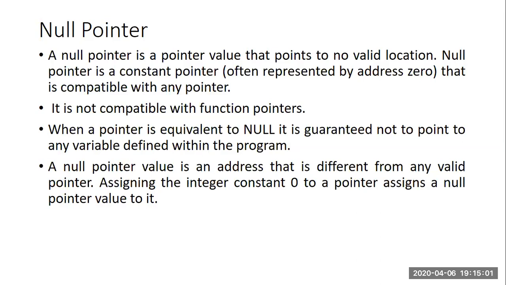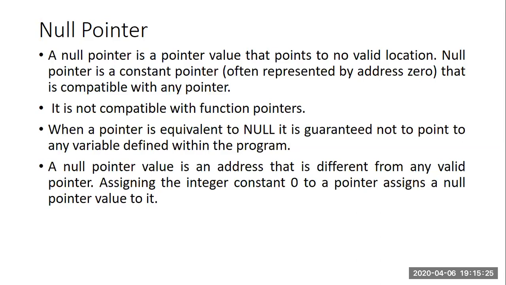An int star ptr can be null, a float star ptr can be null, a char star ptr can be null. Fine. So what is the meaning of null pointer? According to the definition of pointer, we know a pointer is a variable which can store the address of another variable.